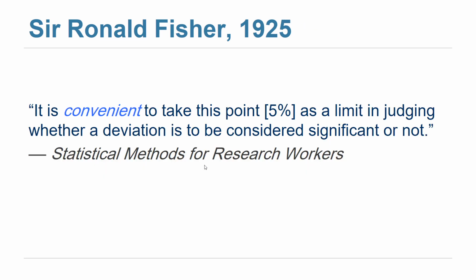He said in one of his papers, it is convenient to take this point, which is 5%, as a limit in judging whether a deviation is to be considered significant or not. So he's saying convenient. The 5% cutoff was just a convenient point for him to take. It is clear from his words that this is subjective.